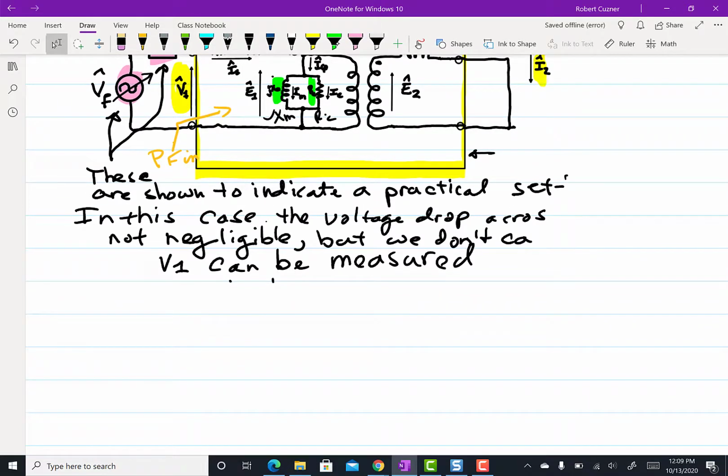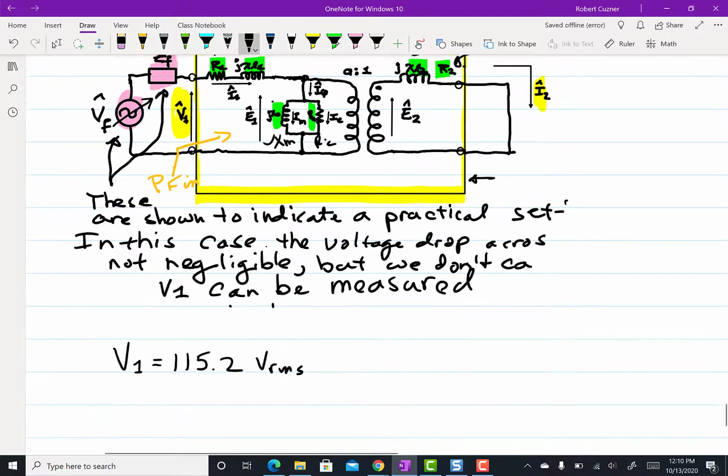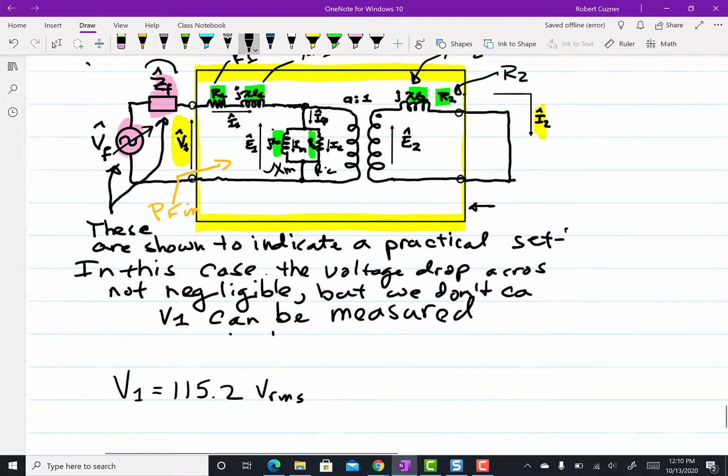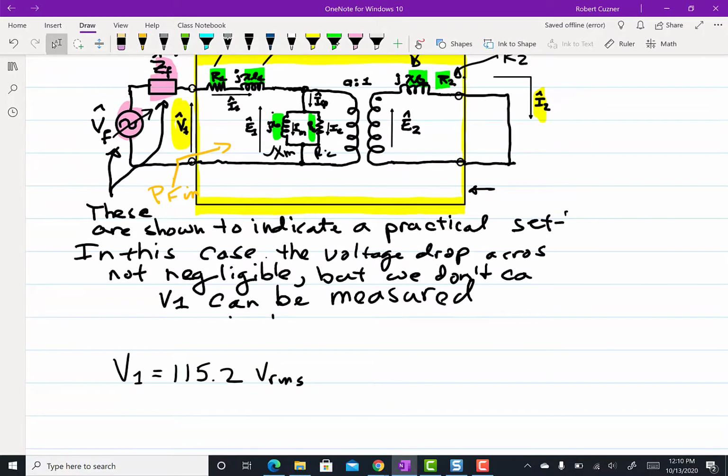So from the short circuit test, our meter on the primary gives us a primary voltage of 115.2. This is just a number I made up. I'm assuming that you're drawing a lot of current during this test, and it's maybe giving us a bit of a voltage drop across this impedance up here.